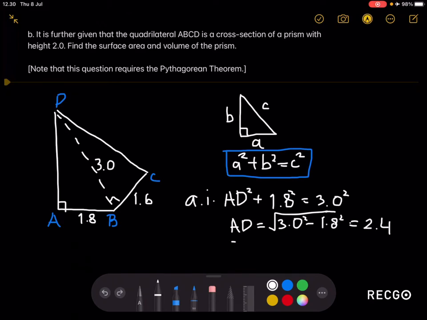Similarly, for CD, we have that CD squared is equal to 3.0 squared plus 1.6 squared. And of course, we can take the square root on both sides. We have CD to be the square root of 3.0 squared plus 1.6 squared. So that will simplify to 3.4.